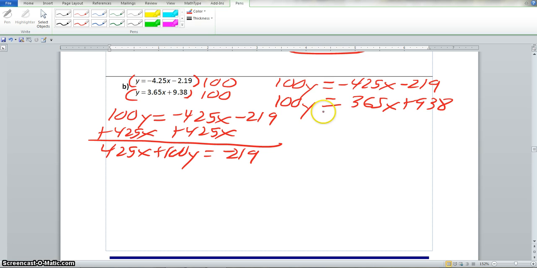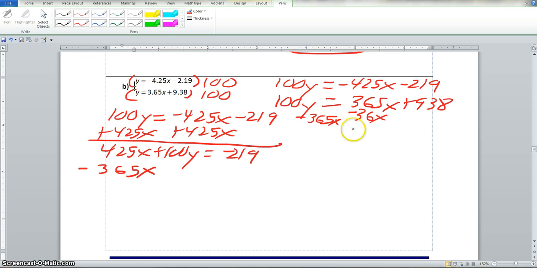Now we would do that with the second equation. We know we're going to subtract 365x on both sides. Okay, and once we do that, that will give us negative 365x plus 100y is equal to 938.